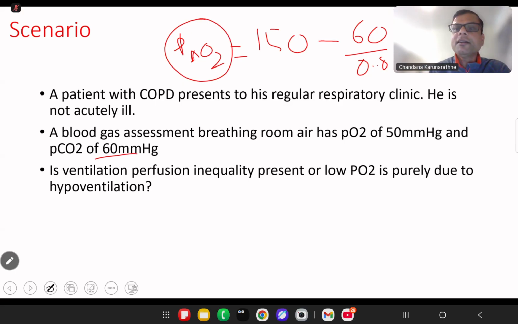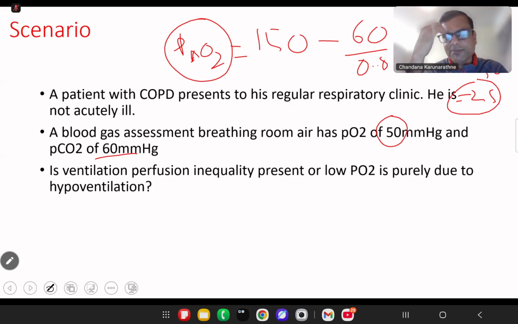Now arterial oxygen is 50. So 75 minus 50 is about 25. Normally it's about a couple of millimeters of mercury, but it can go up to 10, 15. We'll say 15 maximum, but 25 is still more than that.